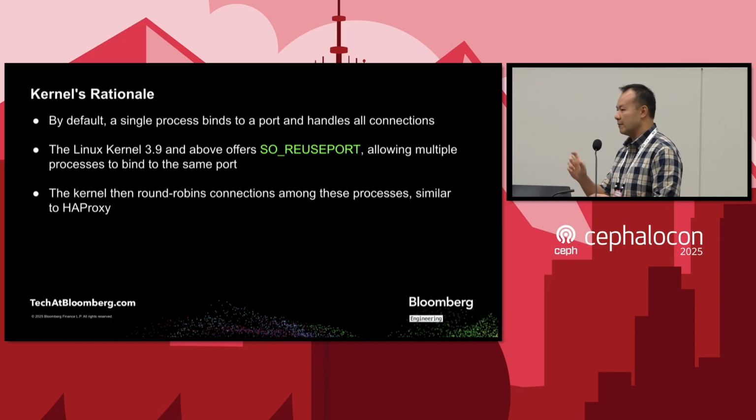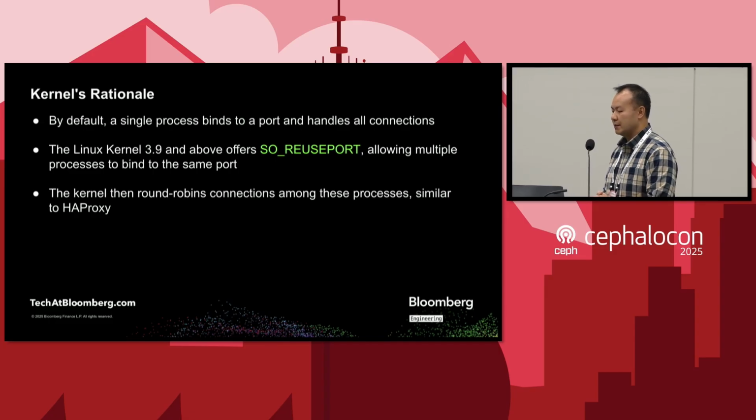There is a flag where you can reuse the port. As long as the application, the service, the agent, the daemon that we care about can reuse this flag, it will interact with the kernel in such a way that the new instance of that service will start up binding to the same port.